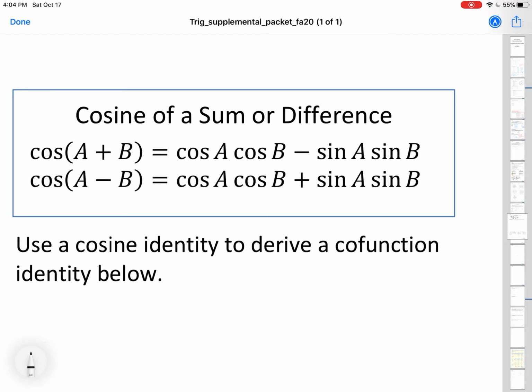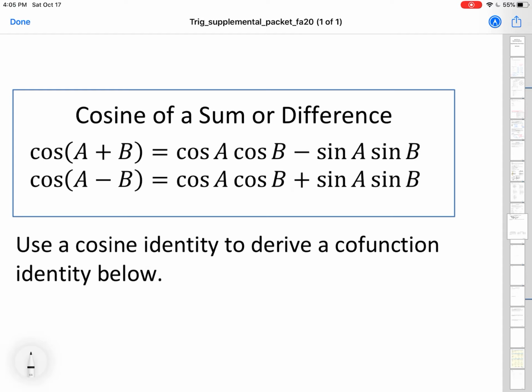Cosine A plus B is equal to cosine A cosine B minus sine A sine B. And cosine A minus B is cosine A cosine B plus sine A sine B. That's what's derived in your book. And so we're going to just get practice using that in this video. I encourage you to look at the derivation of them, but I think it's well explained. I looked at it and I thought that they did a really good detailed job. But if you have any questions, I could recreate it or walk you through it on Zoom as needed.